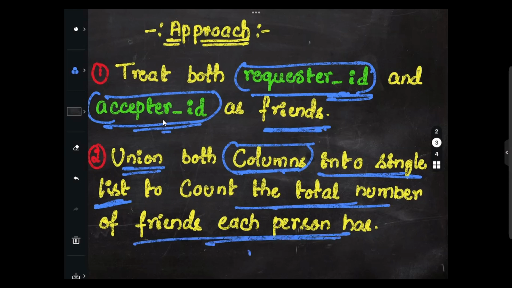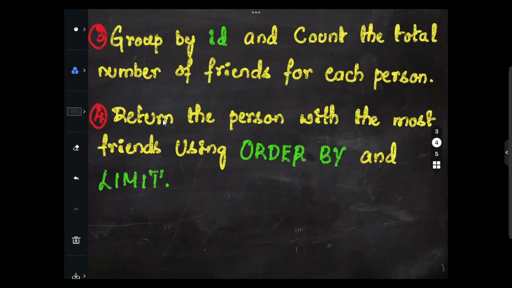So we have to count the total number of friends each person has, and we will do that by making use of GROUP BY id, counting the total number of friends for each person.